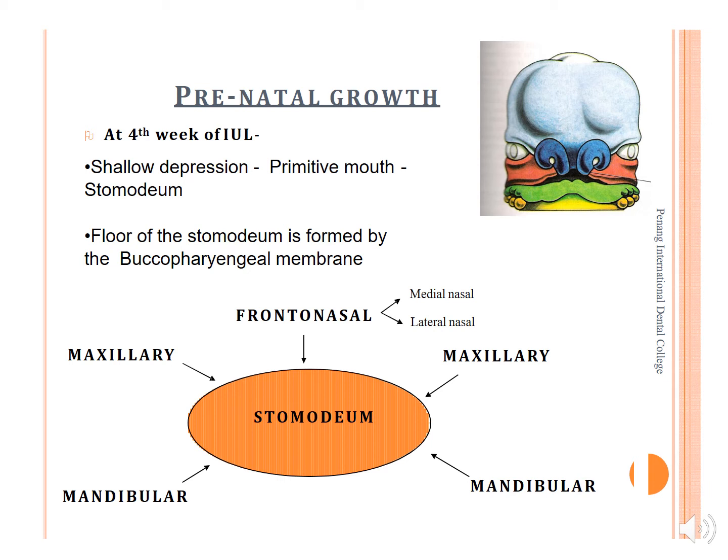The floor of the stomodeum is formed by the buccopharyngeal membrane that separates the stomodeum from the foregut. By around the fourth week of intrauterine life, five branchial arches form in the region of the future head and neck. Each of these arches gives rise to muscle, connective tissue, vasculature, skeletal component, and neural component of the future face.